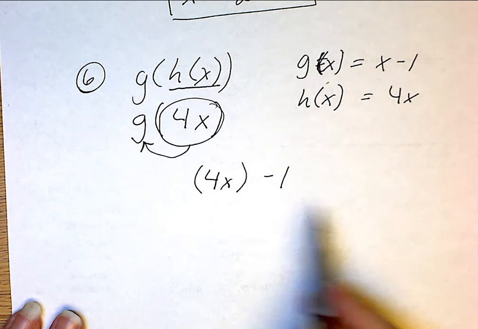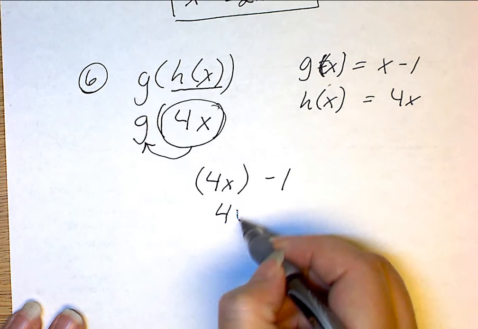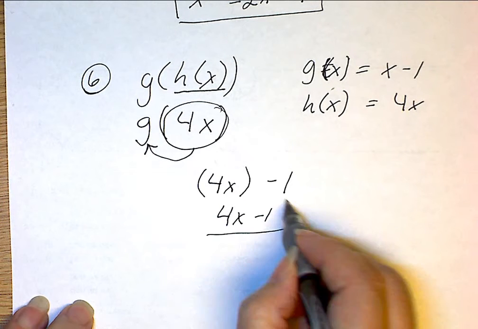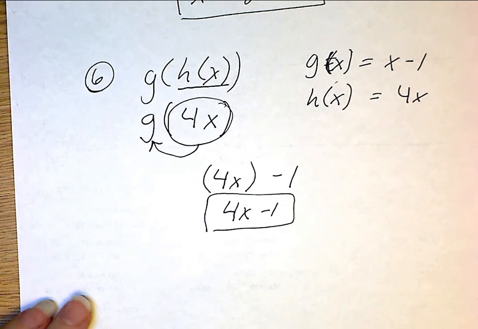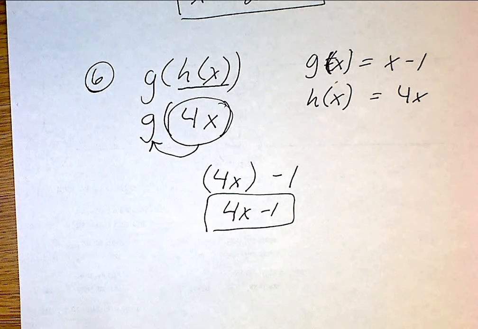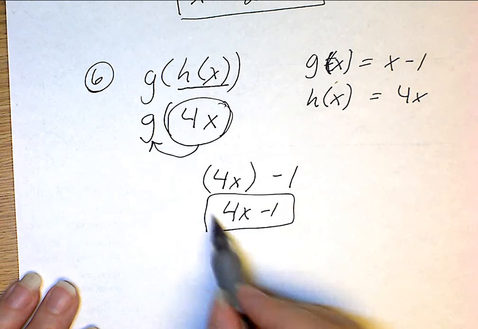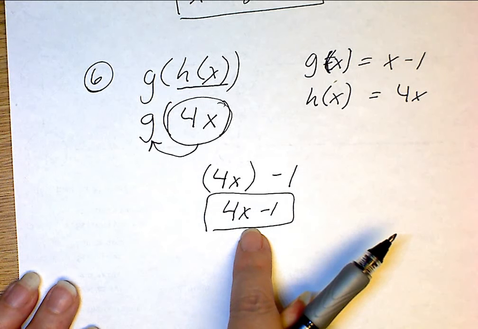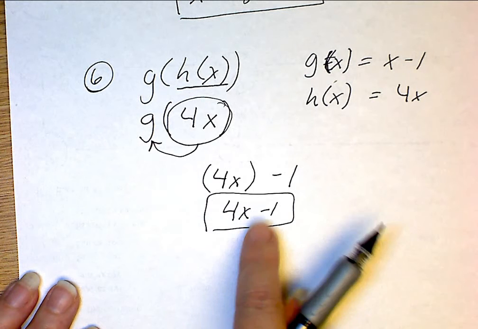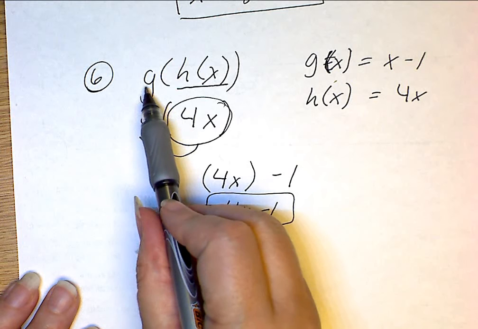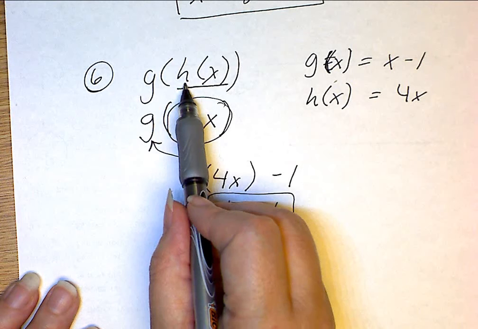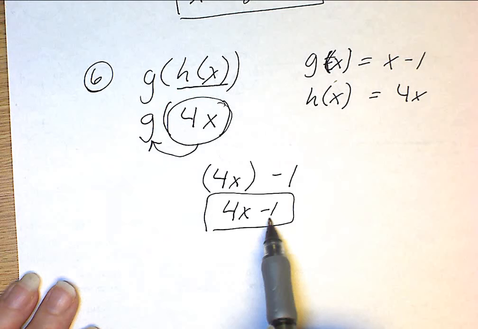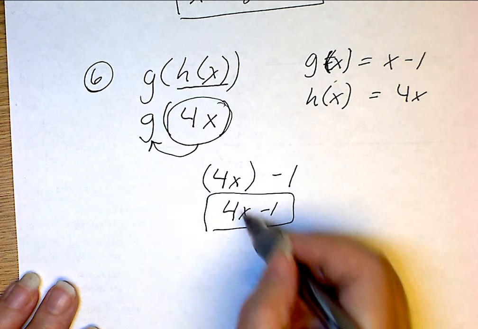So we have here 4x minus 1. Just so you know, g of h of x is 4x minus 1. So this is the answer to the whole thing.